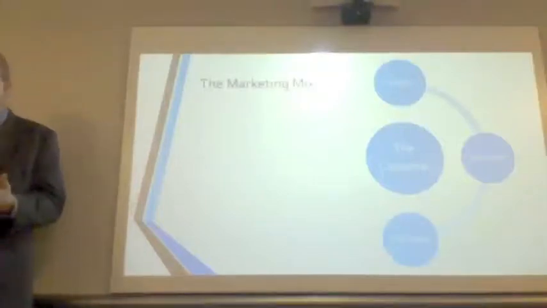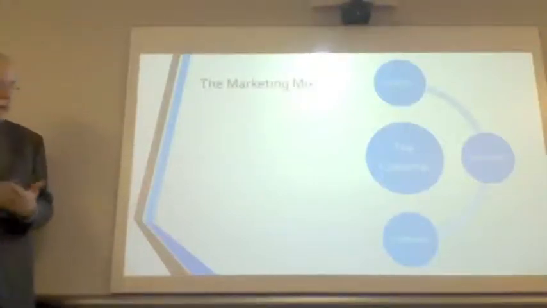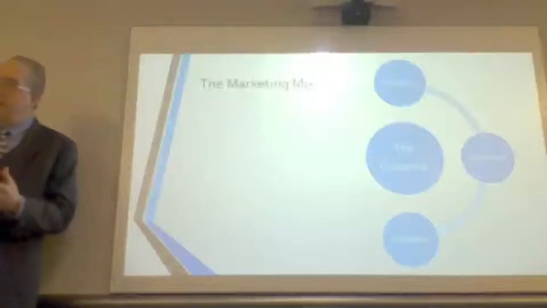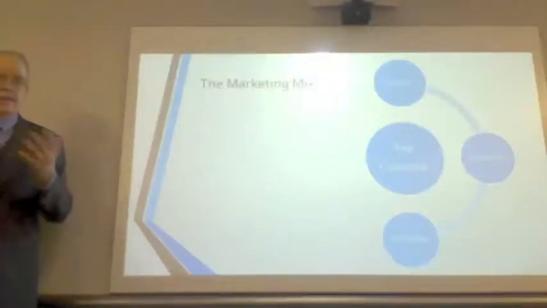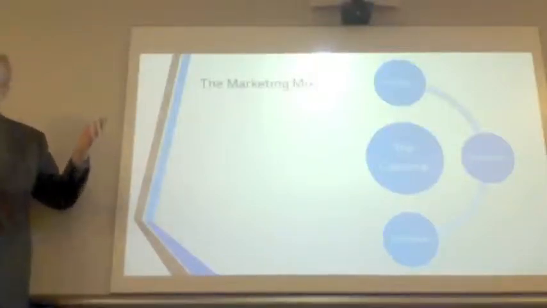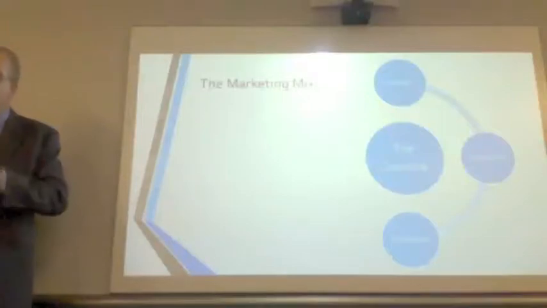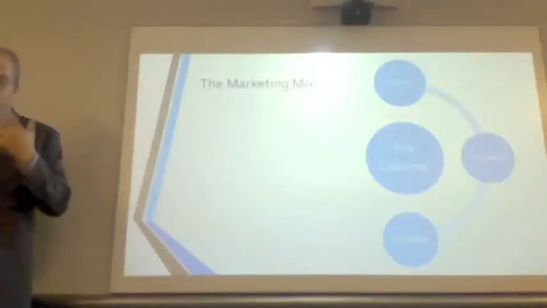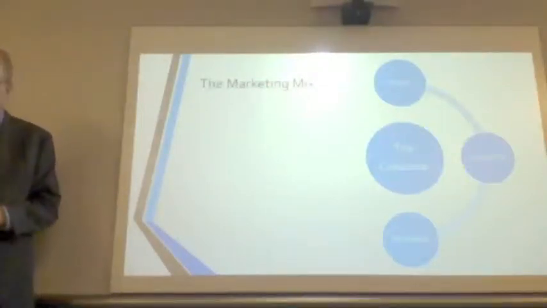The third piece is what most people think about when they think of marketing, and that's the promotion. That's the advertising, the catchy jingles, the getting Rolling Stones music behind your commercials, that kind of stuff. So we will talk a little bit about that, but that's something that hopefully you've already given some thought to.